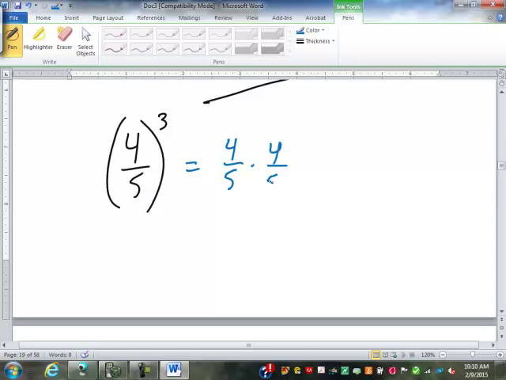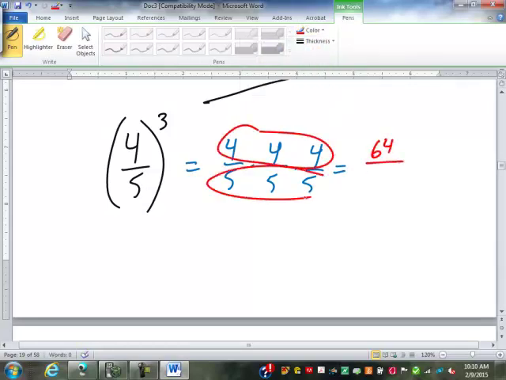This means 4/5 times 4/5 times 4/5, right? 4 times 4 times 4 is 64. 5 times 5 times 5 is 125. Or you could have just broken it up like this: 4 to the third over 5 to the third, which is 64 over 125.